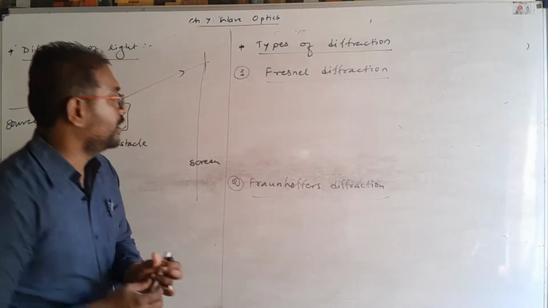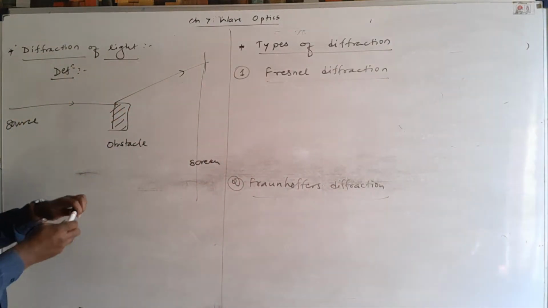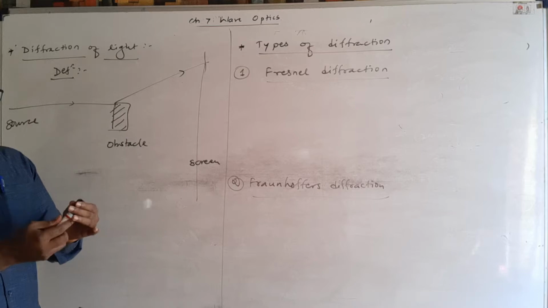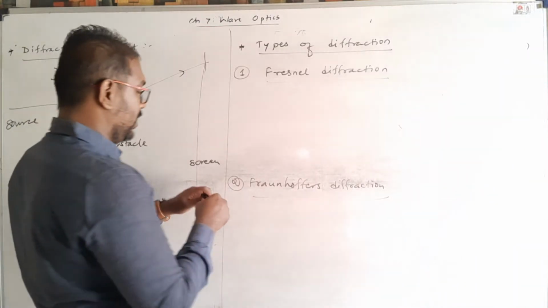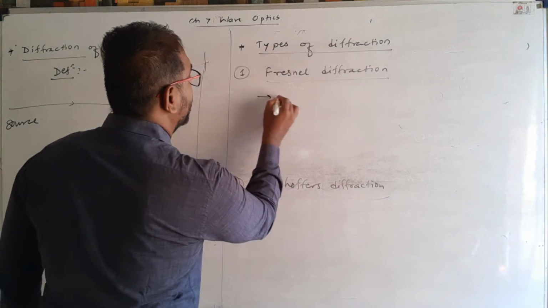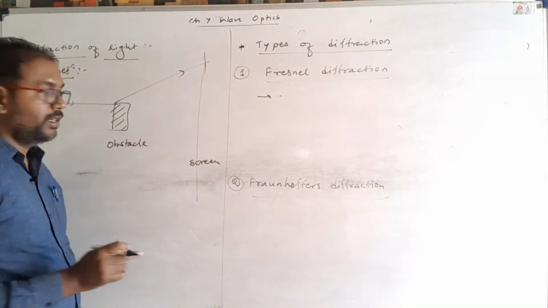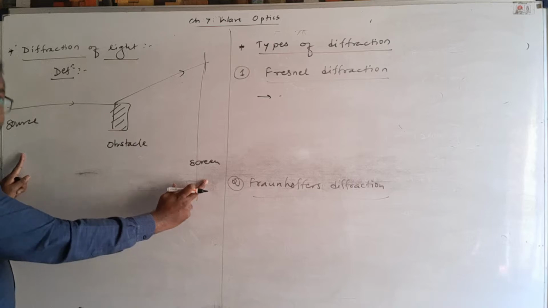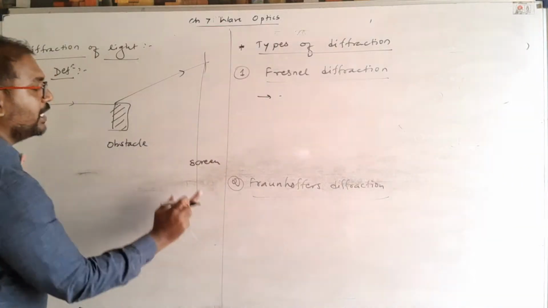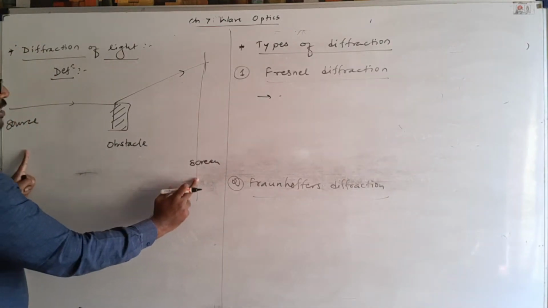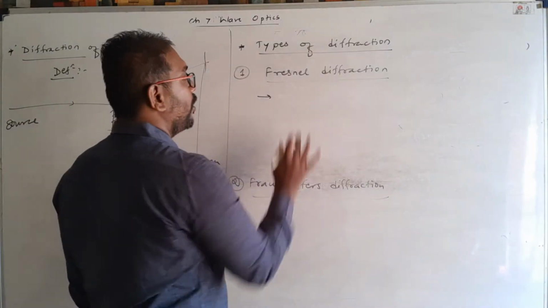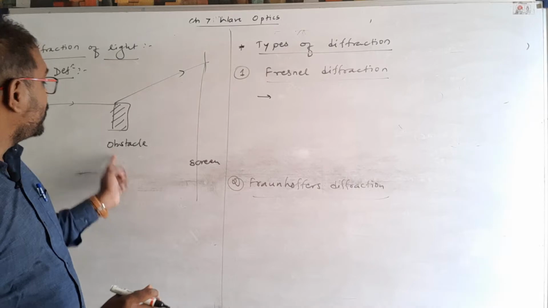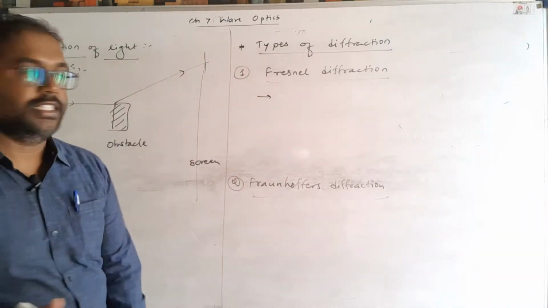Distance is finite, as well as the distance between obstacle and screen is also finite. So we can say that Fresnel diffraction means the diffraction pattern in which source and screen are placed at finite distance from the obstacle.